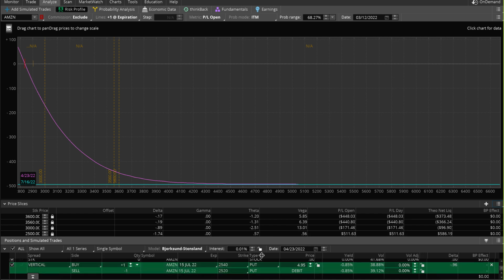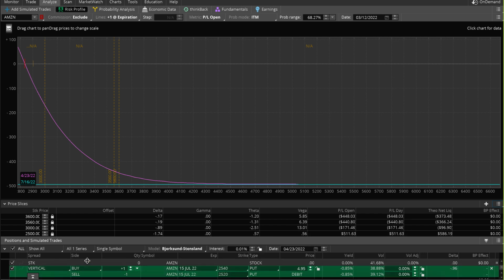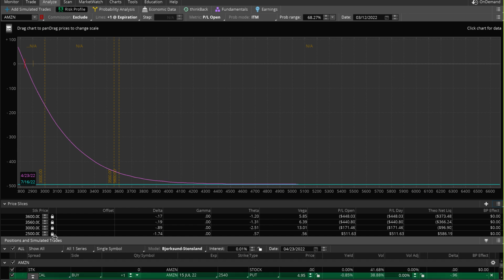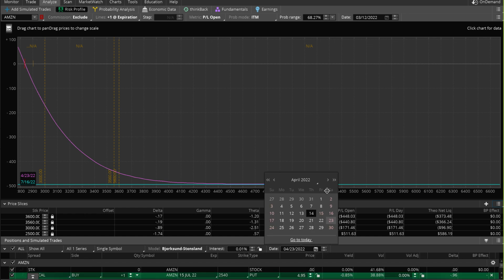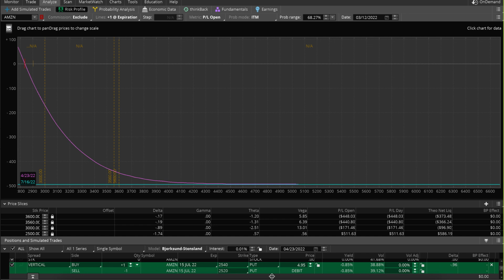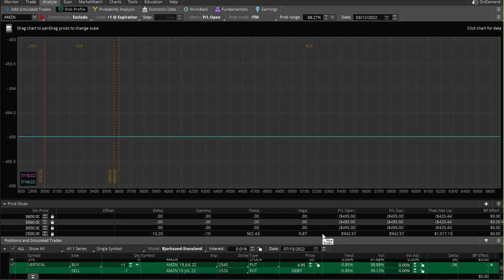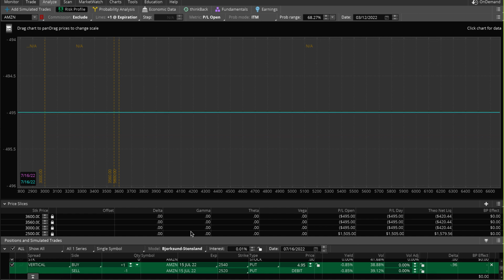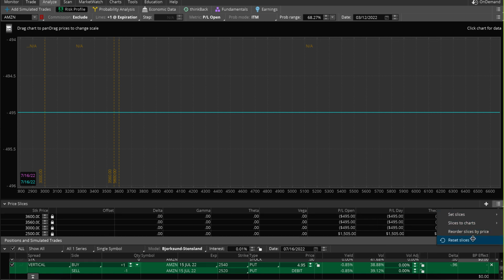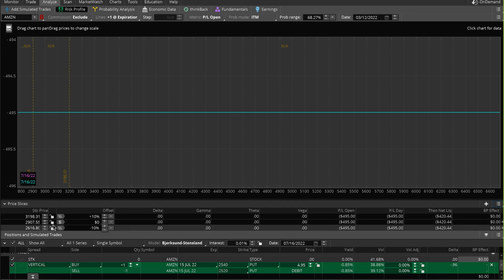And let's see what the max profit potential would actually be, right? So we go out to July. What's our July 15th? So we go out to July 15th, 16th, and let's see. I want to reset these. Reset the slices.